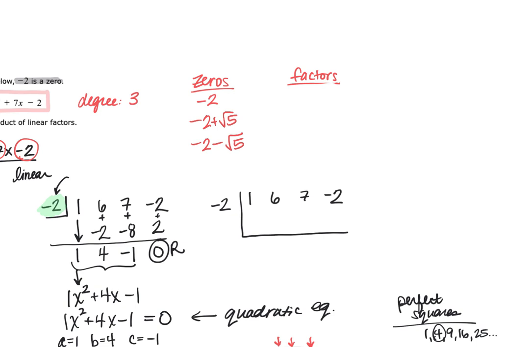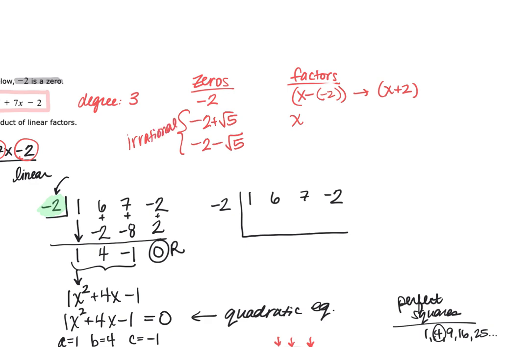So once you have your zeros, then you can create your linear factors. So once again, if -2 is a 0, then the factor would be x minus -2, which we already determined is equivalent to x plus 2. And we'll do the same for these next 2 zeros.